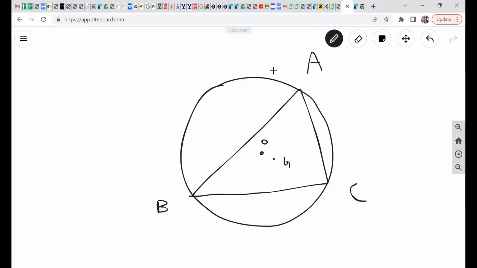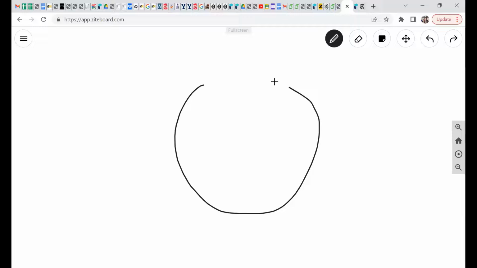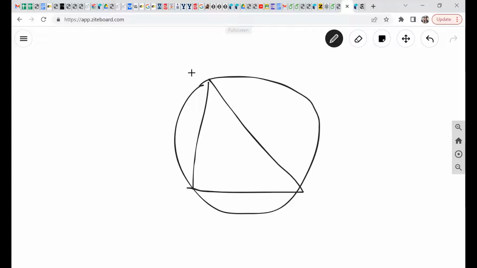And we also have the tangent to the circle at A. Sorry, I drew this poorly again. We have the circumcenter O and the centroid G.